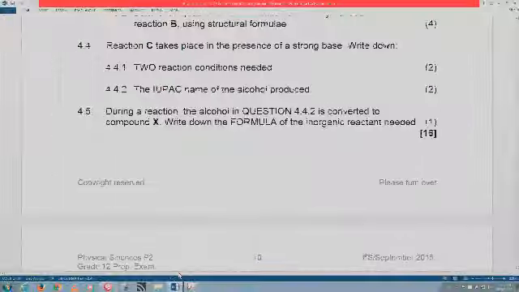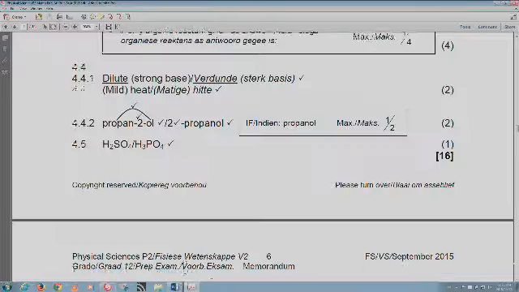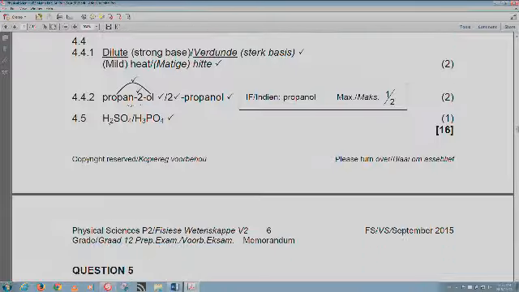And then 4.4.2, write down the IUPAC name of the alcohol produced in this reaction. Now the IUPAC name of the alcohol there is propan-2-ol or 2-propanol. Now you mark propanol for 1 mark and then the 2 there with the correct hyphens for the 2nd mark.